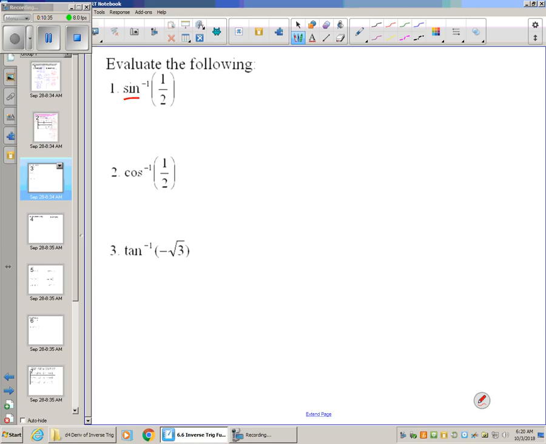Just notice the inverse function that you're looking at, and remember what its restricted domain is. Inverse functions are restricted, meaning they've got to be one-to-one.